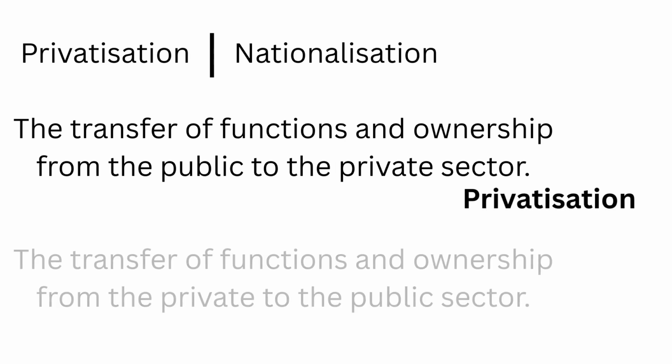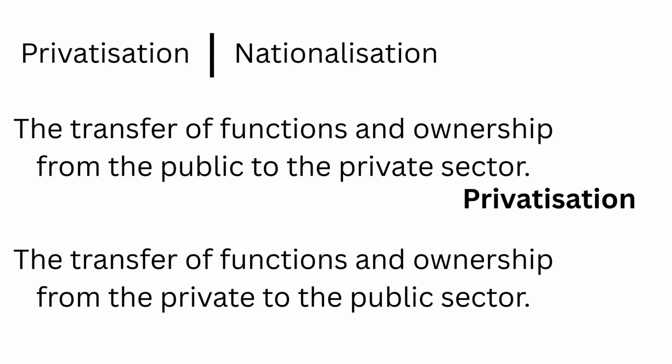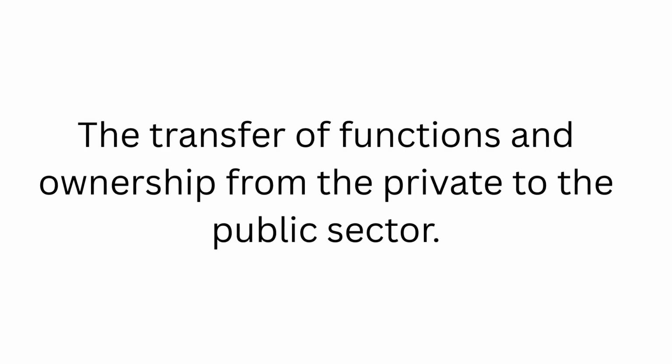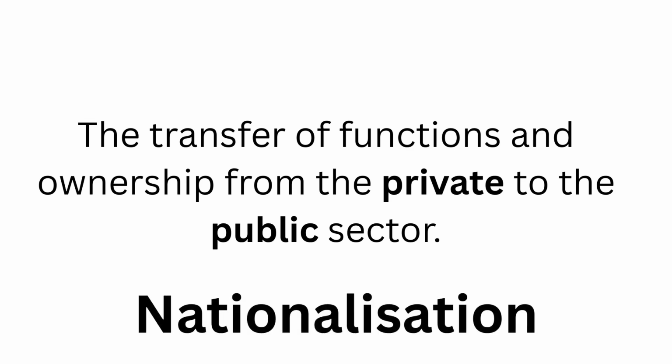Then secondly, it's the transfer of functions and ownership from the private sector to the public sector, and this we call nationalization. And now our statement says the transfer of functions and ownership from the private to the public sector. So private to public, it's nationalization.